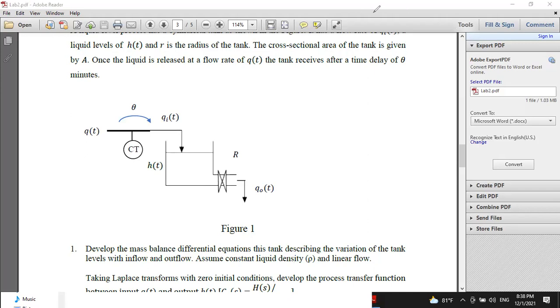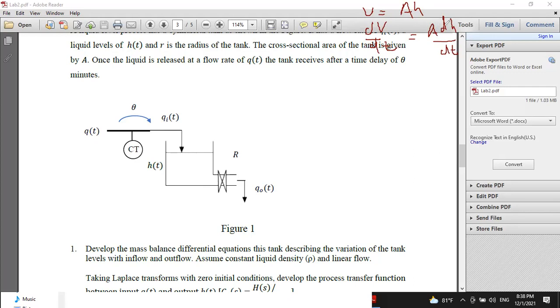The relationships that we derived earlier: V equals A times h, so dV over dt is equal to A dh over dt. This is one. Just check whether these variables that I'm using are correct.